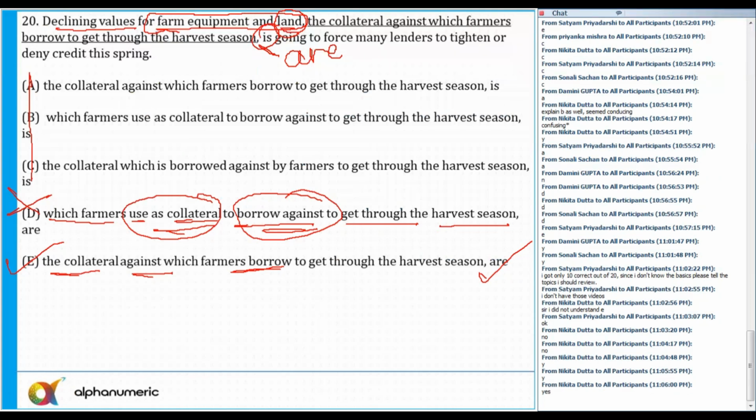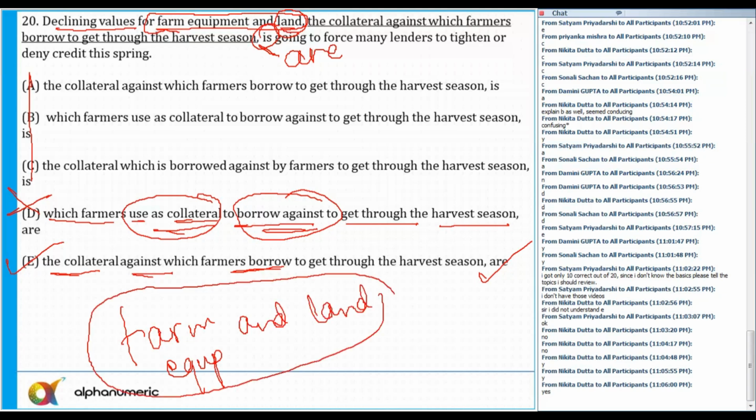Now, why is E right? Because when I say farm equipment and land, I treat it as one entity. Farm equipment and land, these are the collateral. They are the collateral against which.